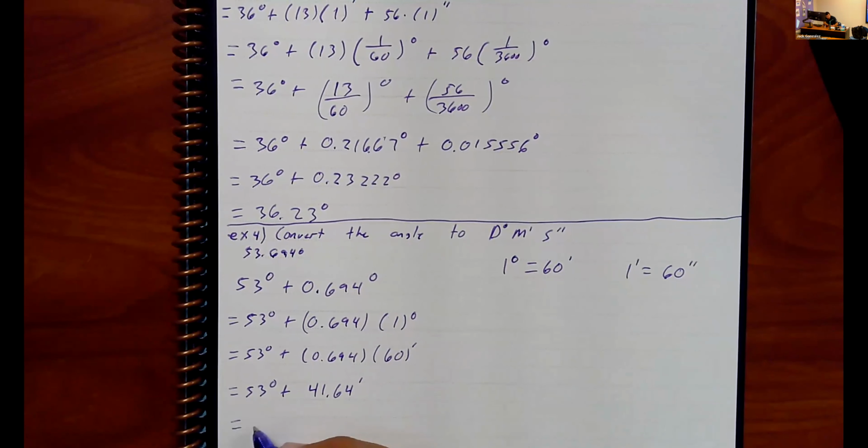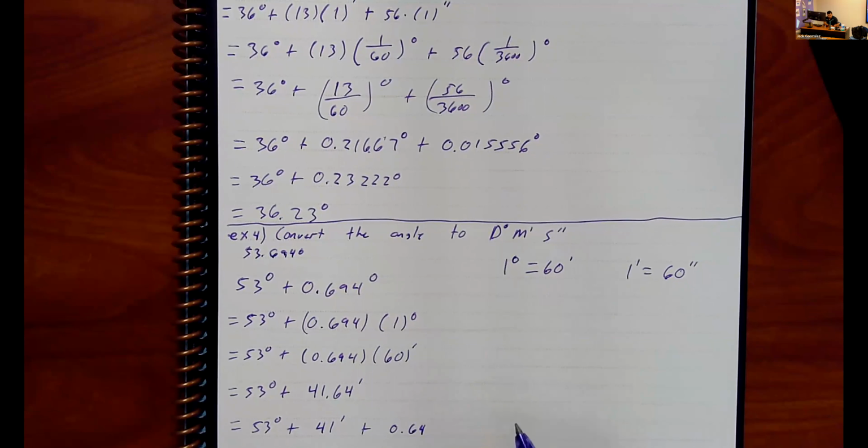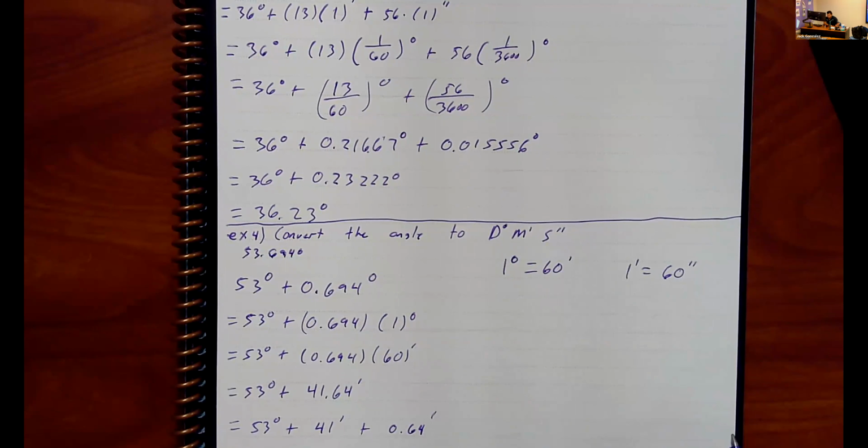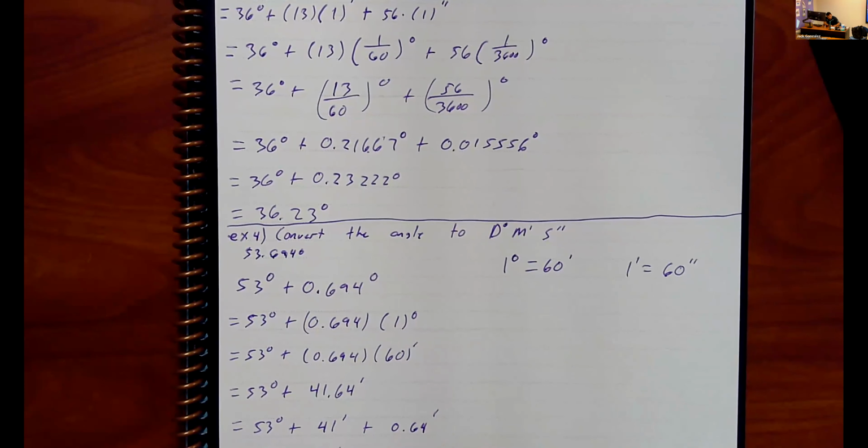So right here, you'll do 53 degrees plus 41 minutes plus 0.64 minutes, which will be 53 degrees plus 41 minutes plus 0.64 times 1 minute, which is 60 seconds, right?